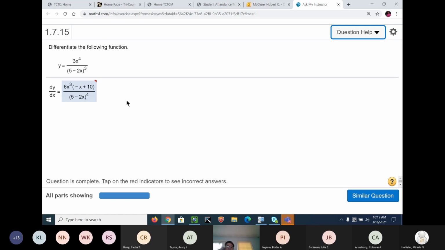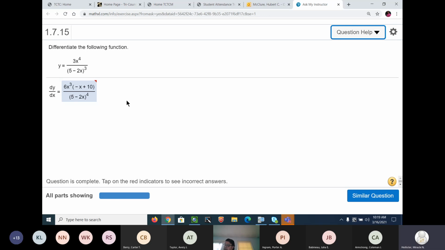Well, this is simple. I can multiply this by 5 minus 2x to the second over 5 minus 2x to the second. And that's going to give me 18x to the fourth.